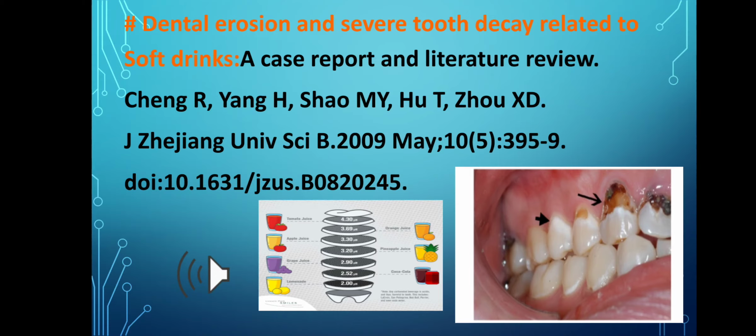The review is to show the relationship between dental erosion and caries and soft drinks. Some efforts have been taken to reduce the harmful effect of soft drinks. To see the figure, the review was studied by Ran Chang et al., J Zhejiang Univ, 2009, May.